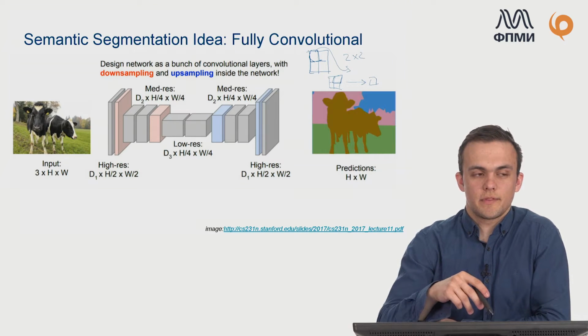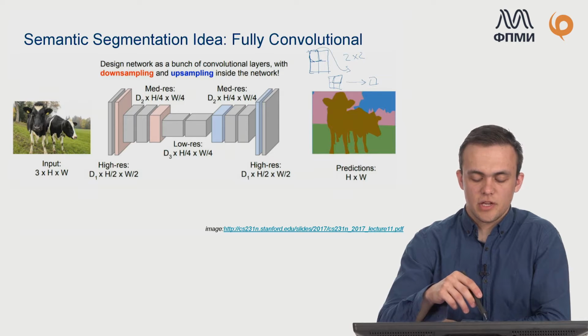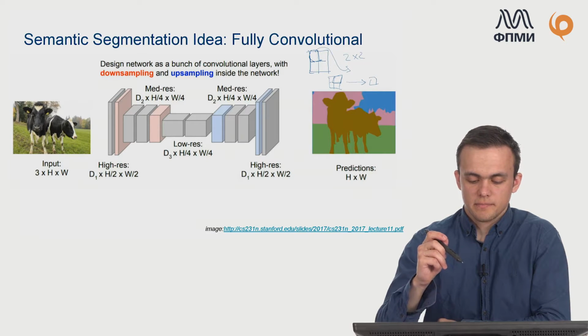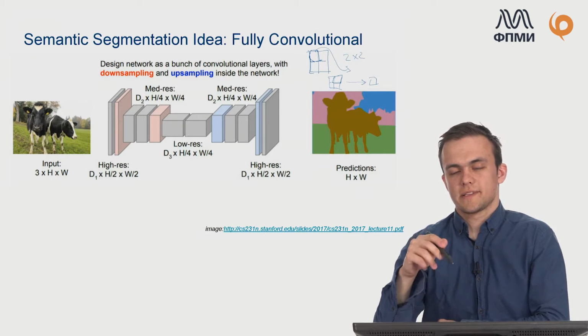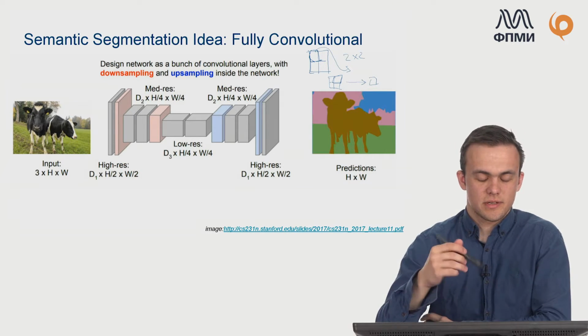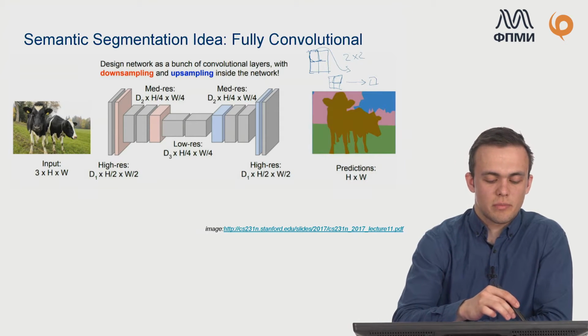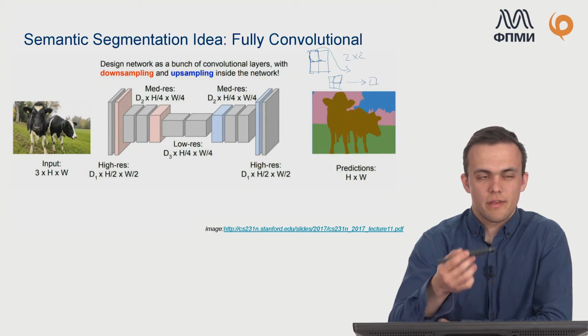there is a difference from, for example, object classification models, because when you're trying to classify an object, you don't care about information of where this object is.